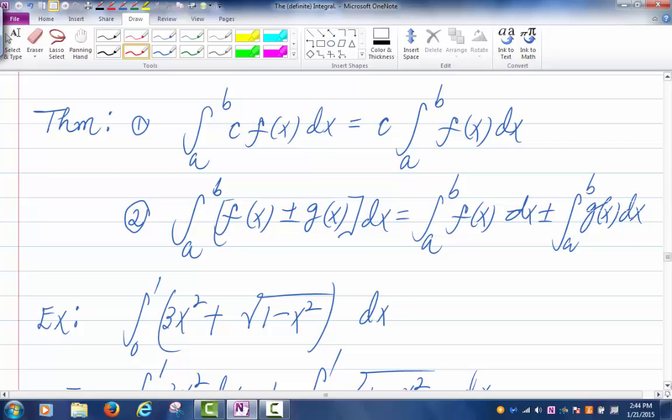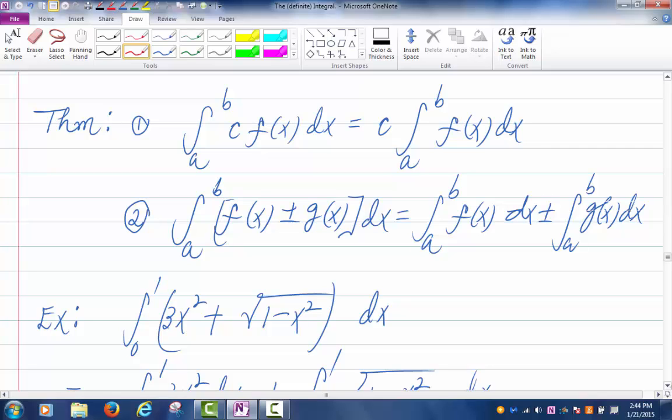Let me remind you of two algebraic properties of the definite integral. They are the same as the ones we had for indefinite integrals. Remember, these two properties hold for indefinite integrals as well. So the integral from a to b of c f of x dx, right? If you have a constant factor, you are allowed to take it outside of the integral. Constant factor.